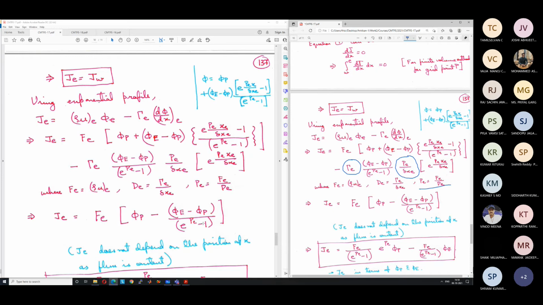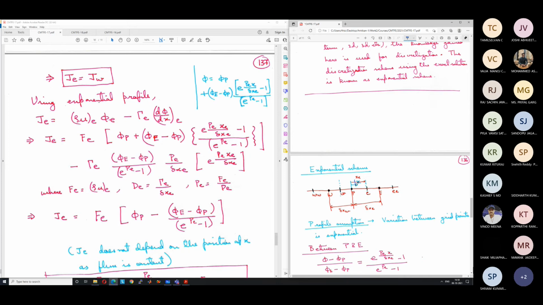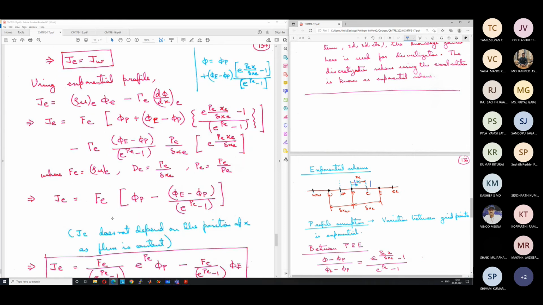One interesting thing to note here is that J does not depend on the position of x. There is no x in this expression. Whatever the location, wherever the interface is, the flux remains constant.